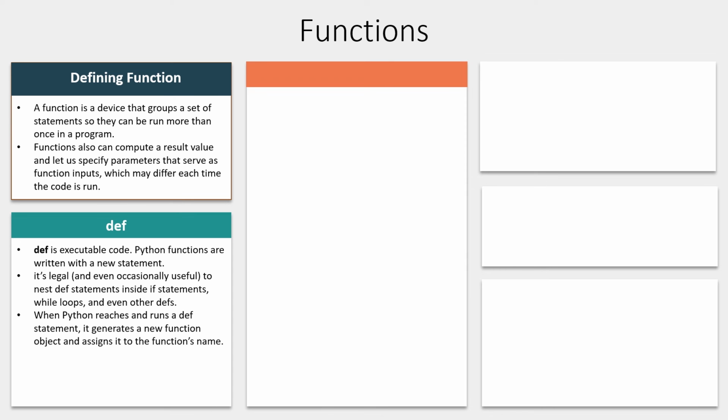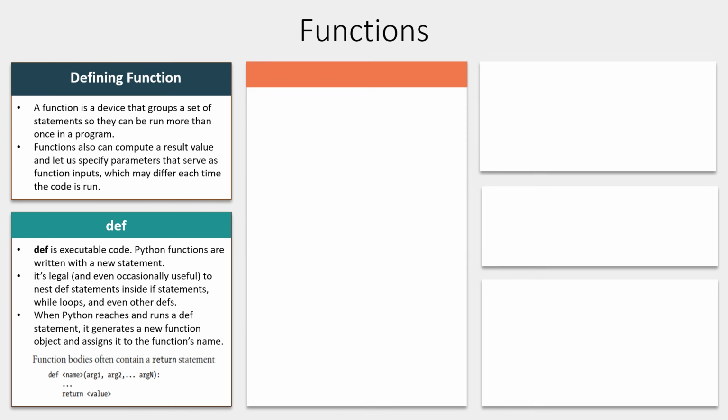Next, when Python reaches and runs a def statement, it generates a new function object and assigns it to the function's name.